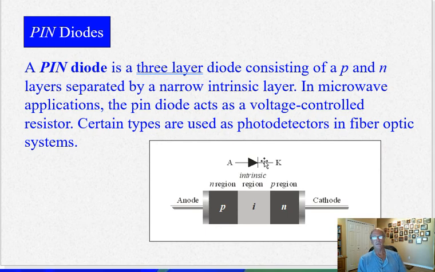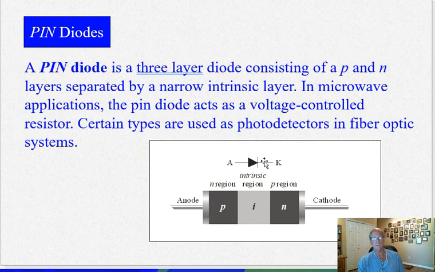A pin diode is another diode that's sometimes used in resonant circuits or filters, a voltage controlled filter, because it's basically a voltage controlled resistor.